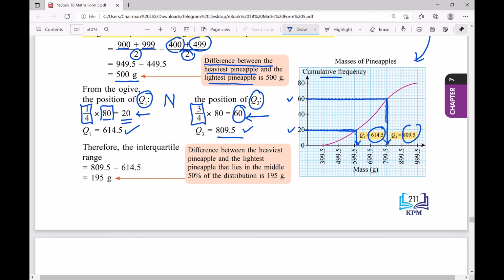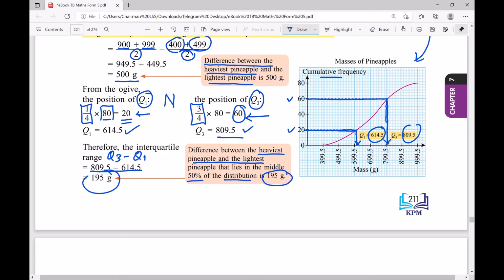Then what you do? You minus, third quartile minus first quartile. So you will get 195 gram. So what does it mean? The difference between the heaviest pineapple and lightest pineapple that lies in the middle 50% of the distribution is this one.